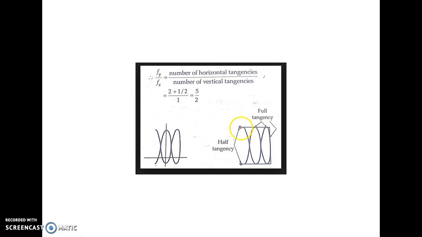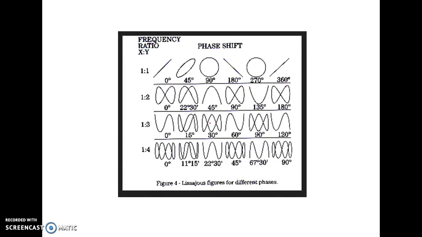So that is what is given. This is a horizontal tangent drawn, and 1 and 2 are two full tangents, that's 2 here, and then this one is half, so plus half. A vertical tangent is drawn just like this, and it touches once, that's why 1. It's nothing but 5 by 2. This is how you can calculate the frequency.